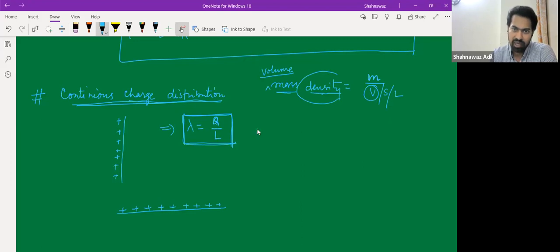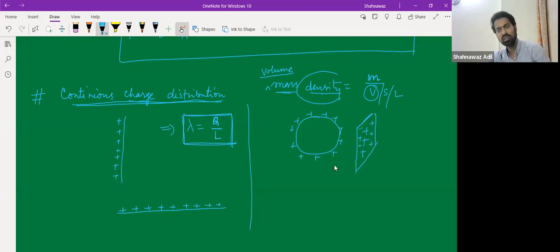And let's say I have some charge distributed on a surface, maybe this surface, maybe this surface. So charges are distributed on the surface, and then we have a surface charge density.